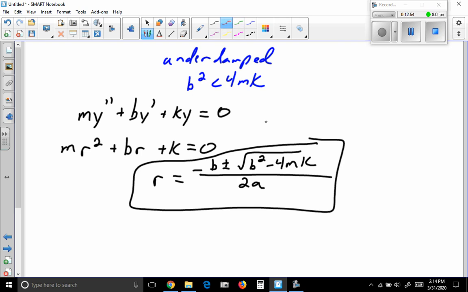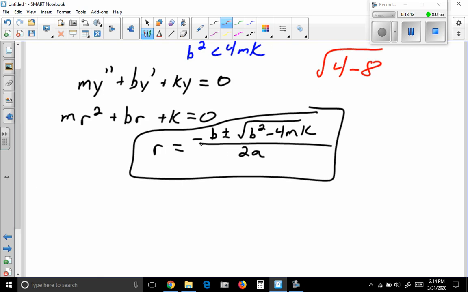Notice if b squared is less than 4mk, if this one is a smaller number than that, then we have a negative value under the radical. Then we can rewrite this as negative b over 2a plus or minus that square root over 2a.